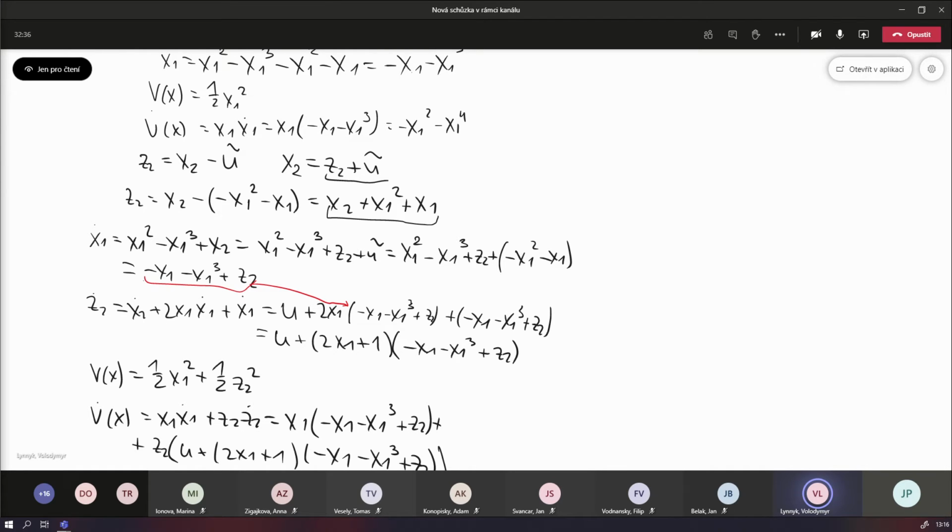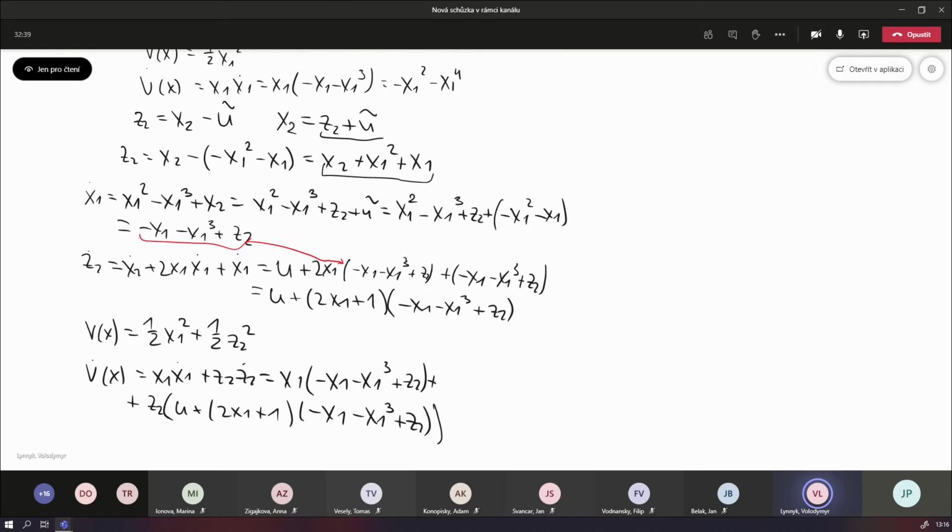Okay, and now we need to cancel. And now we need to design u. Do you have some idea what we need to do? Well, we can cancel the second term in the z2 part.